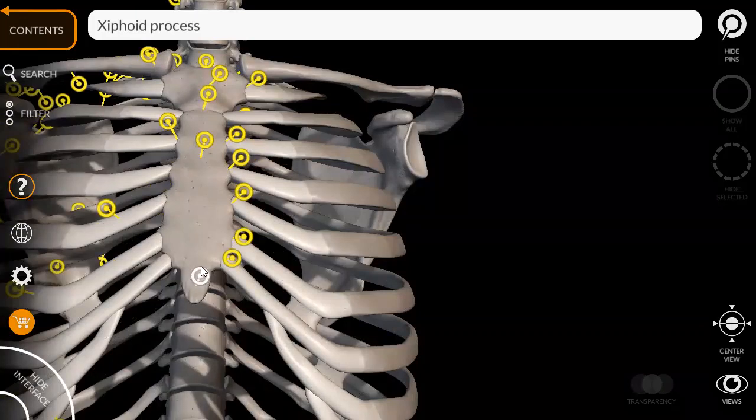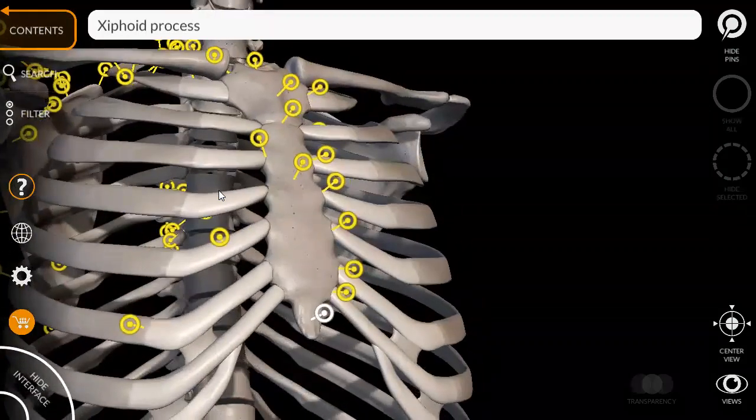This xiphoid process becomes the origin and insertion of the linea alba, which is very important in obstetrics and gynecology. For a Caesarean section, the indicator is the xiphoid process.